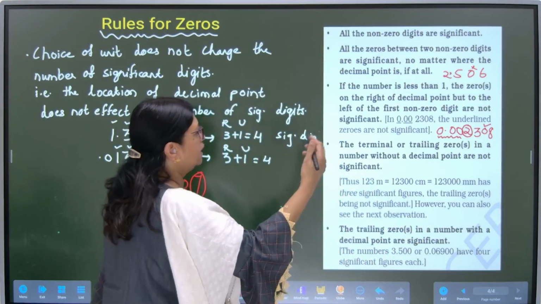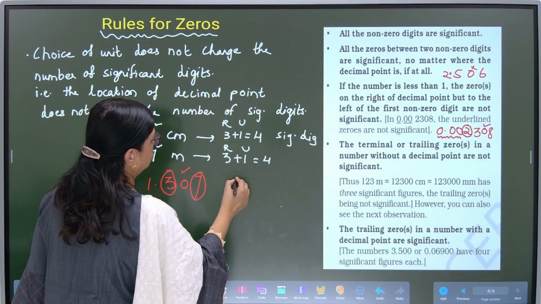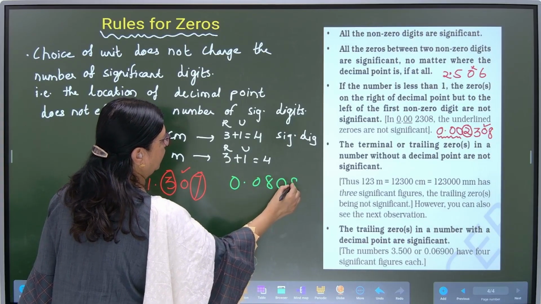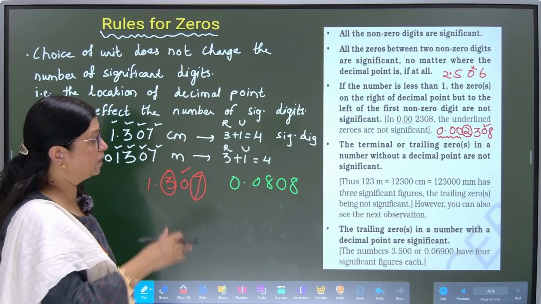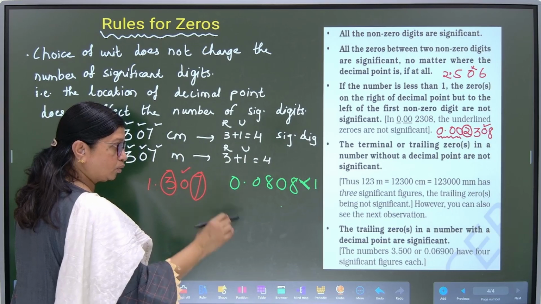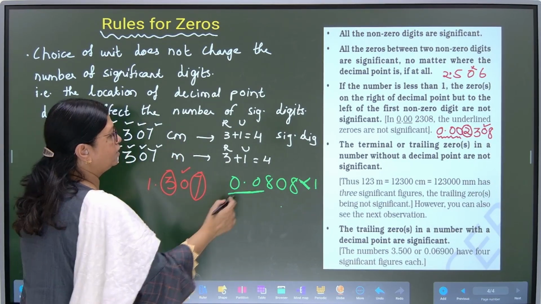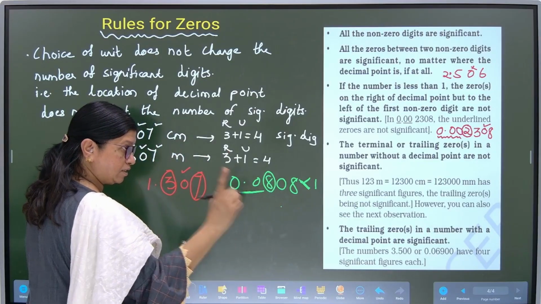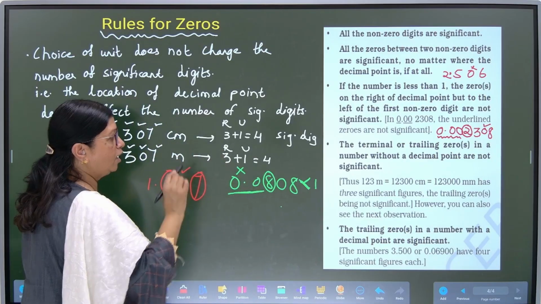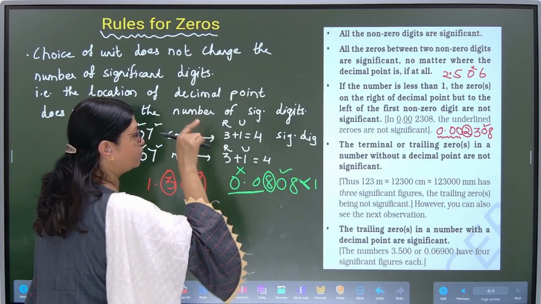Another example, let me give you. Suppose I have the number 0.0808. I have so many zeros, but this number is less than 1. So these two zeros in front of 8, which is the first digit, are considered non-significant, whereas this 0 which is between 8 and another 8 is considered significant.